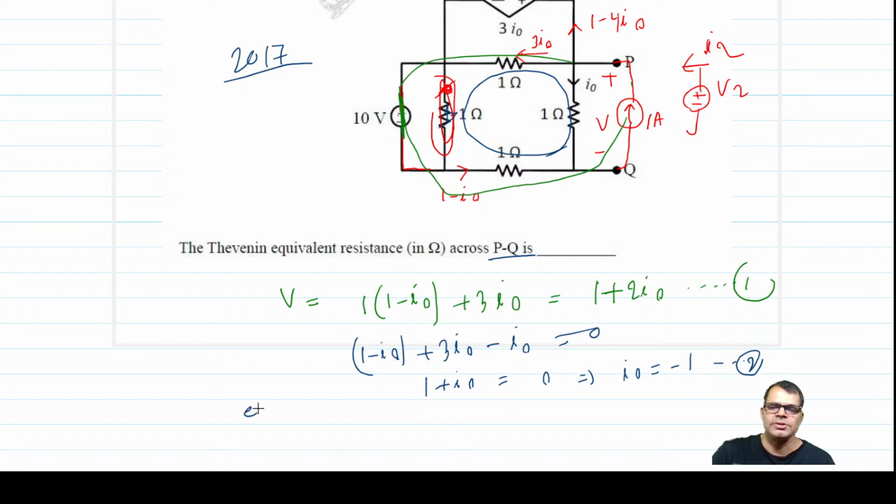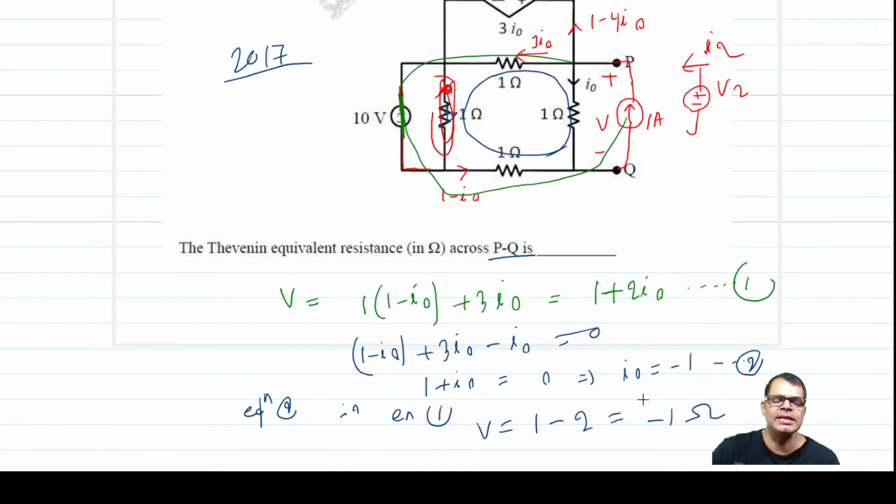Use the equation 2 in equation 1. So, V is equal to 1 minus 2, because I0 equal to minus 1, that is minus 1 ohm. That means it is acting as a negative resistance circuit.